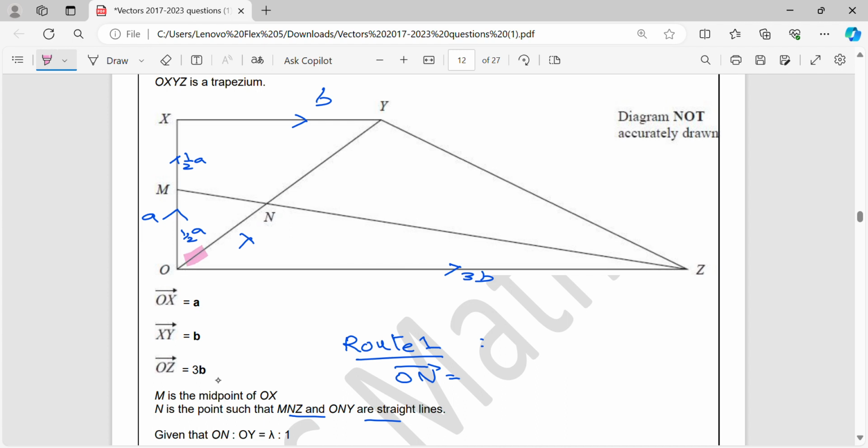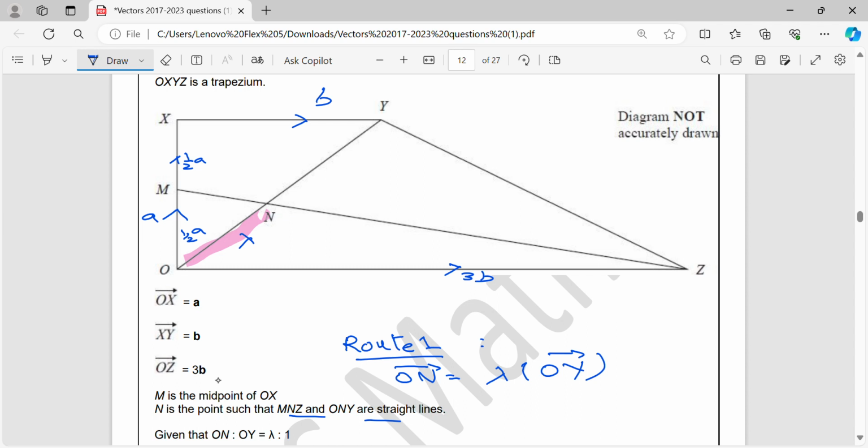ON is some ratio of the total length, so I can write lambda as a fraction of the total length, which is OY.